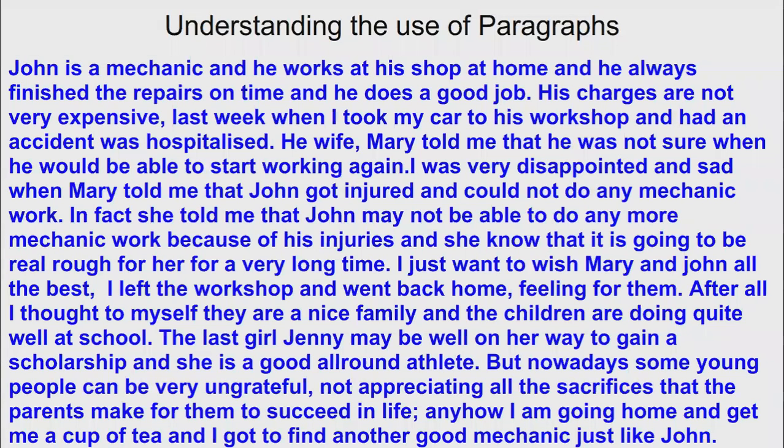Now notice the next sentence says, his wife, Mary, told me that he was not sure when he would be able to start working again. Now ask yourself the question, is there an overuse of the pronoun he? Is there an overuse of the conjunction and? Can we use other words to substitute? And this is what I want you to do with your exercise.